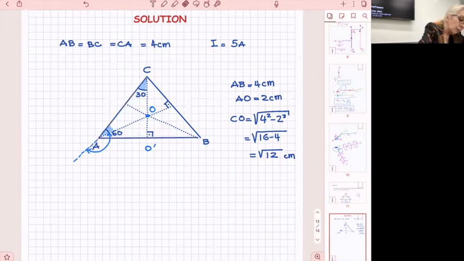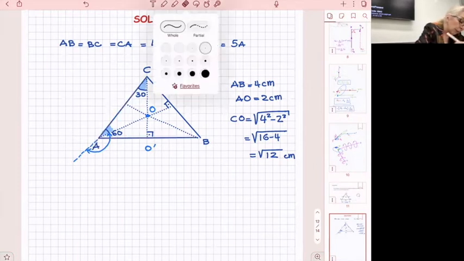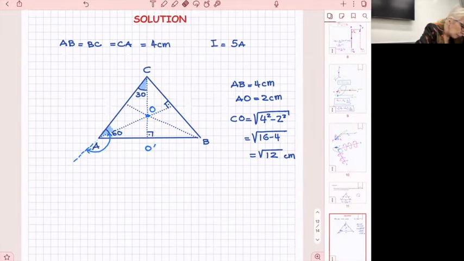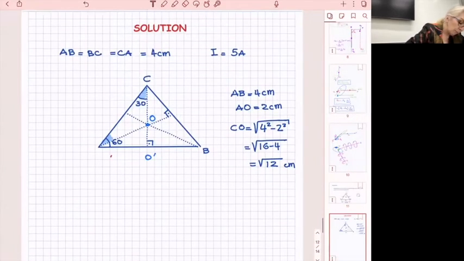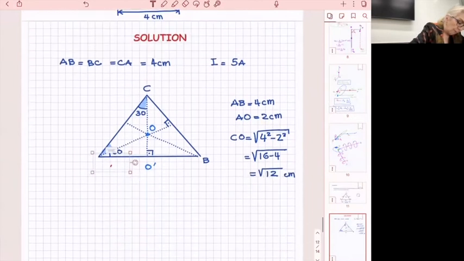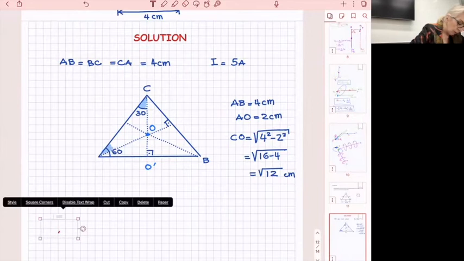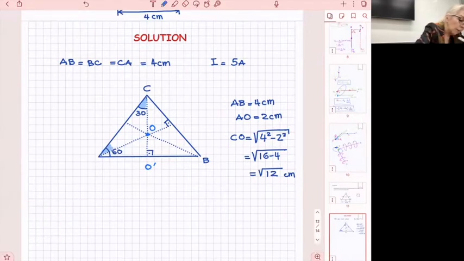Okay, this is way too big, I wanted to do this one. 180 minus 30 is 150.